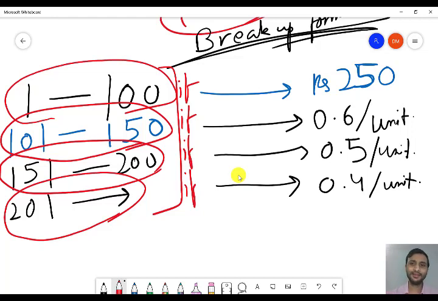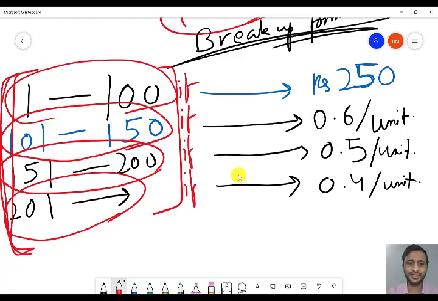Now the main thing to understand is how to calculate the electricity bill. Now we got the expressions. These are the test expressions. 1 to 100 is one test expression, 101 to 150 is another test expression, 151 to 200 is another test expression, more than 200 is another test expression. Now how to calculate, means what will be the calculation inside this if.